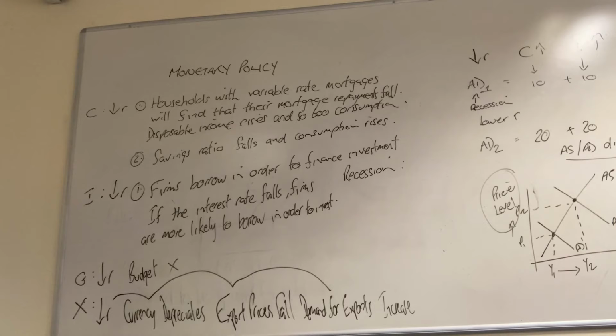So here we have a trade-off between, on the one hand, falling unemployment and rising growth. We're trading that off against, number two, the fact that we're going to have rising inflation. So it's like, in everything in life, you can't have everything.